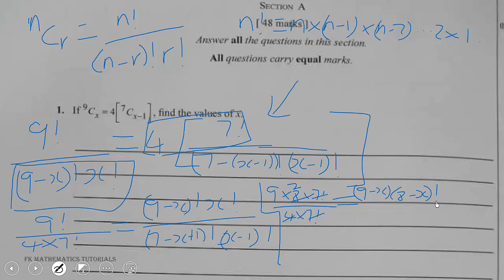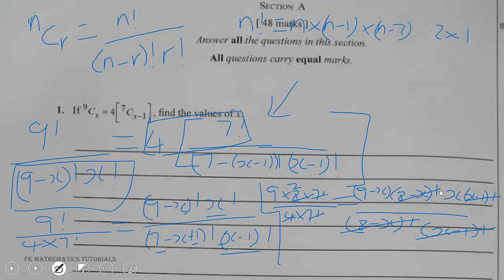I'll pause here because in the denominator, I have 7 plus 1, which is (8 minus x) factorial. Then still here, we have x times (x minus 1) factorial. I'll stop there because in the denominator here, I have (x minus 1) factorial. So this will take care of this. Then (8 minus x) factorial will also take care of this (8 minus x) factorial.